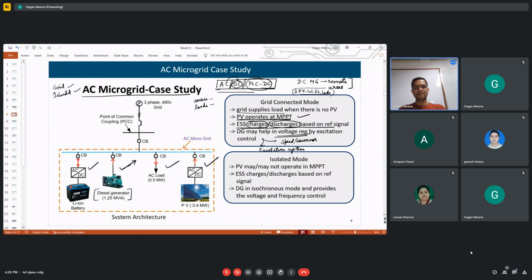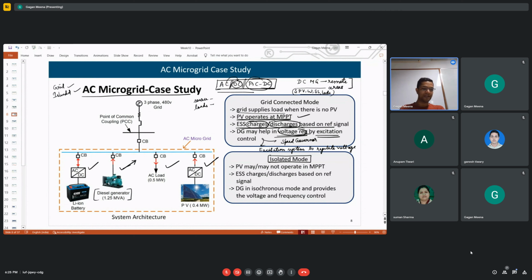When the microgrid is in isolated mode, then PV may or may not operate in MPPT, because if storage is already fully charged, then it will not operate in MPPT. If it is not charged, then we want to extract maximum from the solar PV and charge the battery.